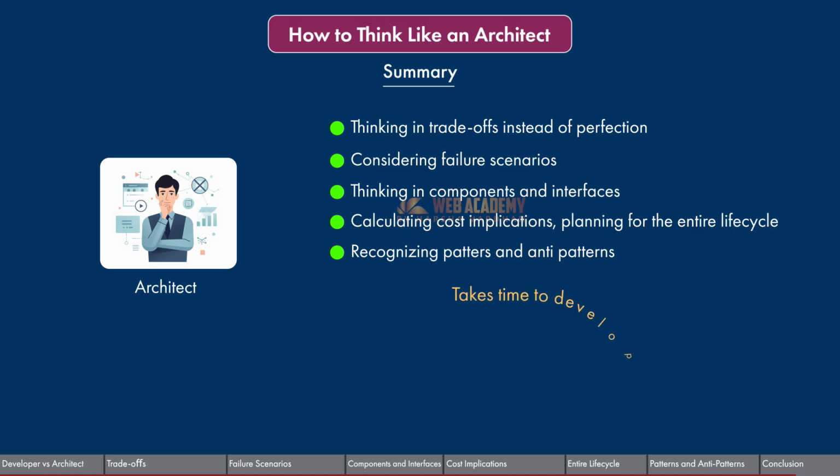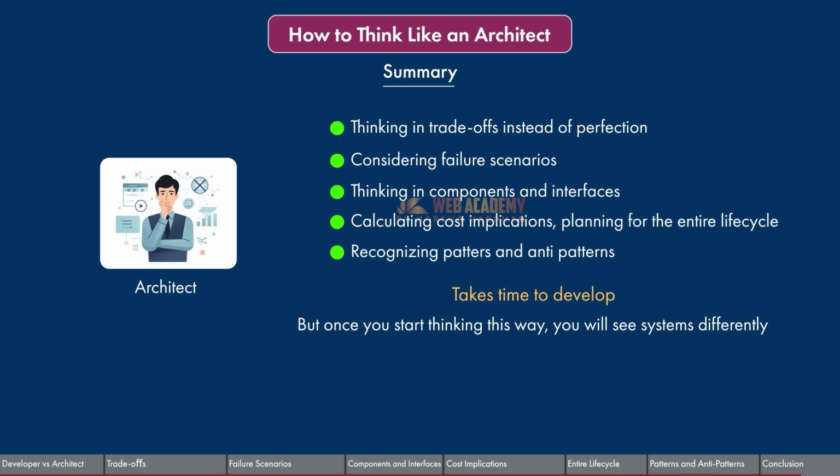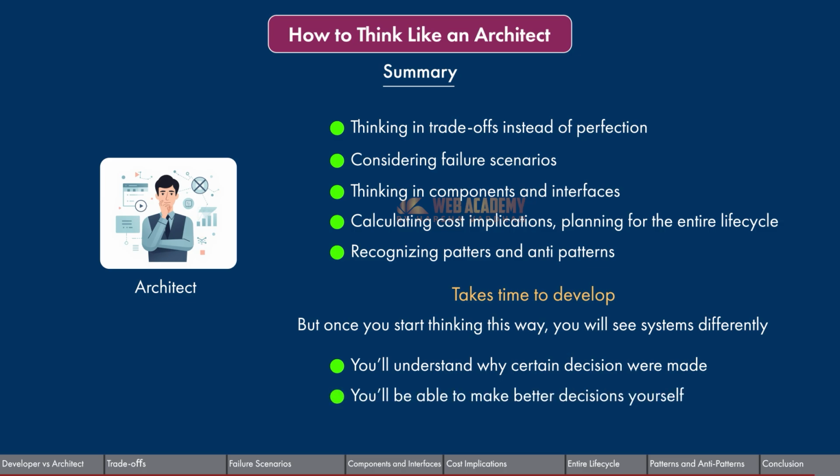This mindset shift takes time to develop, but once you start thinking this way, you'll see systems differently. You'll understand why certain decisions were made, and more importantly, you'll be able to make better decisions yourself.